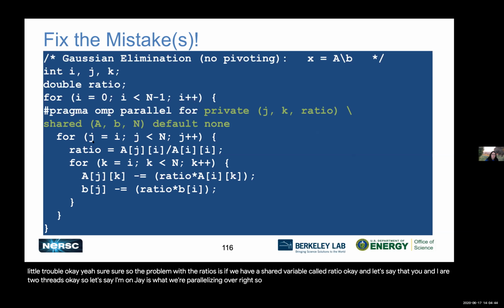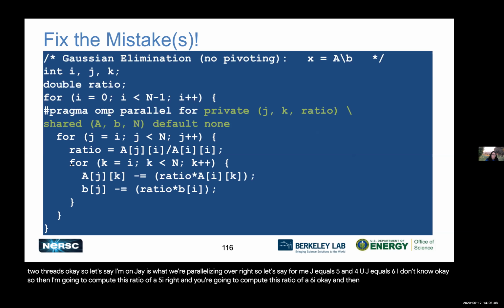So let's say for me, J equals 5, and for you, J equals 6. Okay, so then I'm going to compute this ratio of A 5I, right? And you're going to compute this ratio of A 6I.